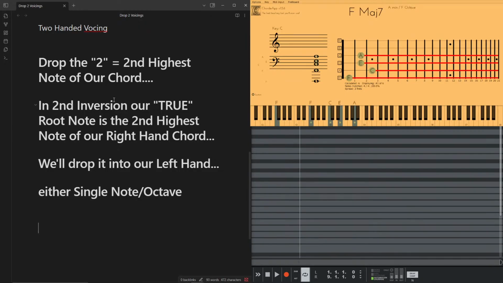Feel fancy, we can do maybe a little slide. You can slide in from different places.